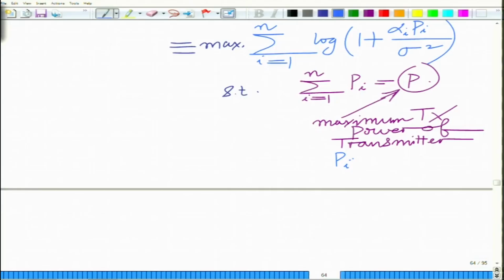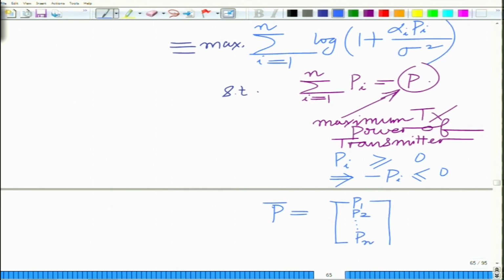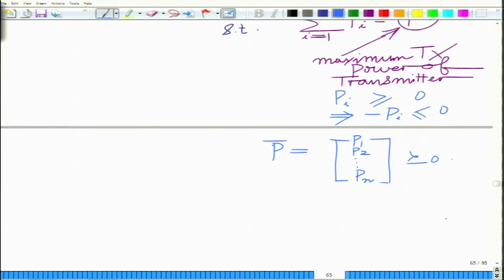Writing it in standard form, each minus Pi is less than or equal to 0, or if you look at this vector P bar as P1, P2, Pn, then this has to be component-wise greater than or equal to 0. So this is our optimization problem.